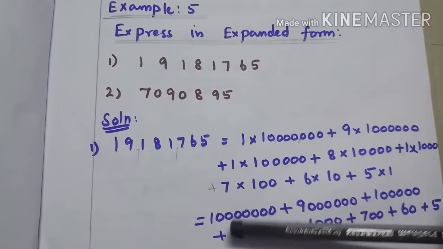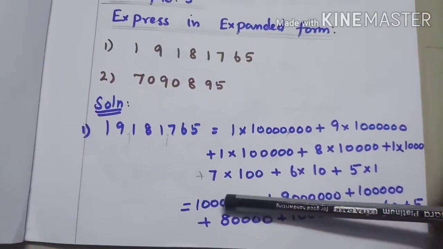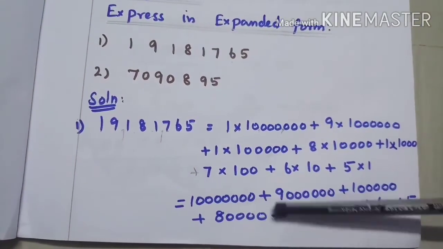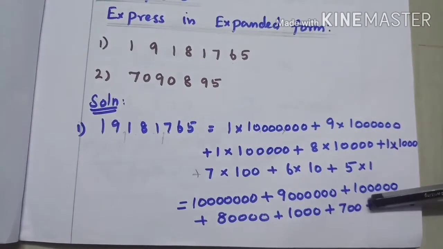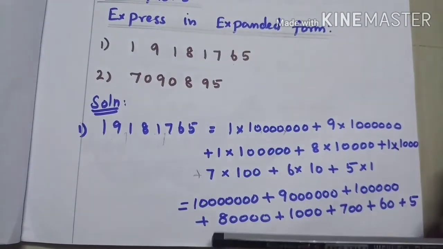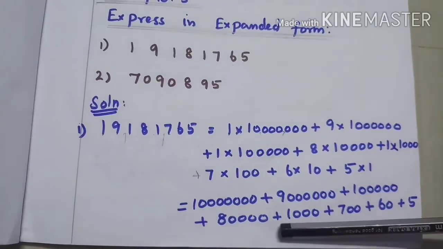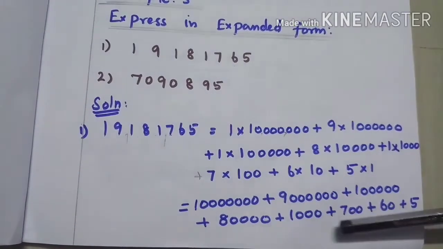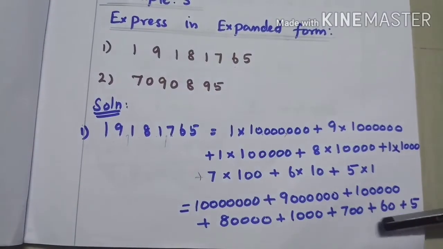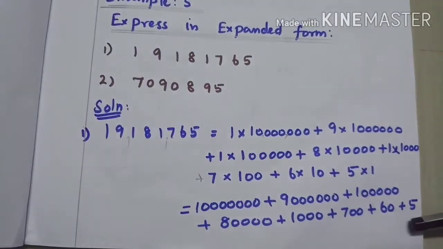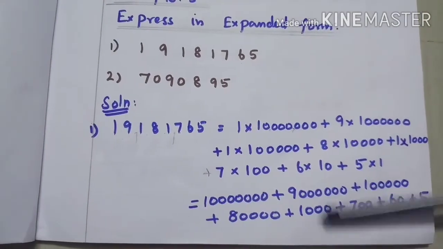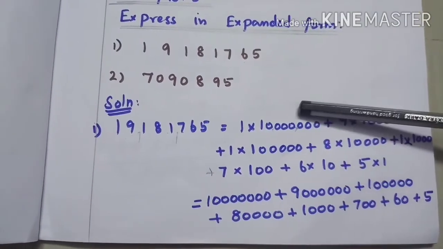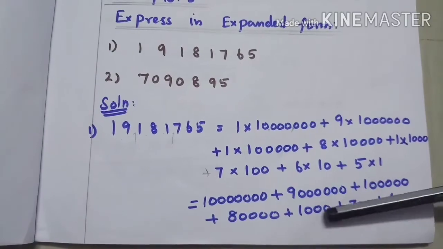So that is equal to 10 million plus 9 million plus 100,000 plus 80,000 plus 1000 plus 700 plus 60 plus 5. So we can split it and write it in this way.